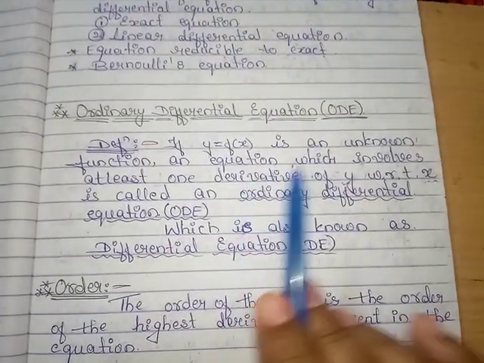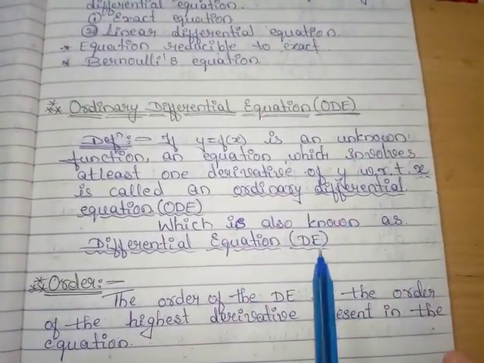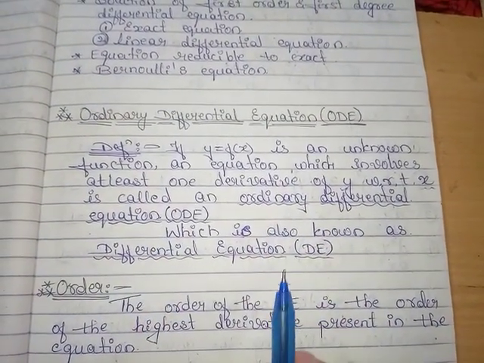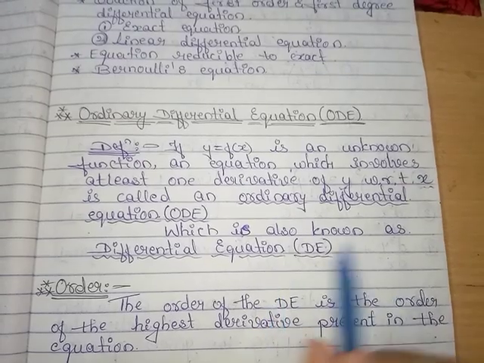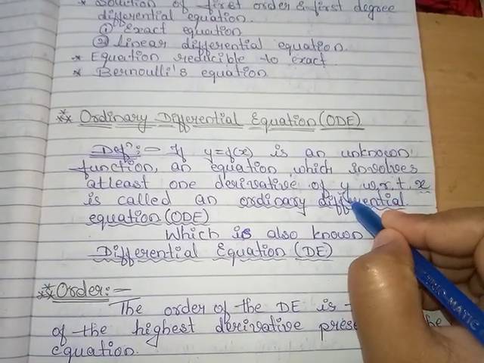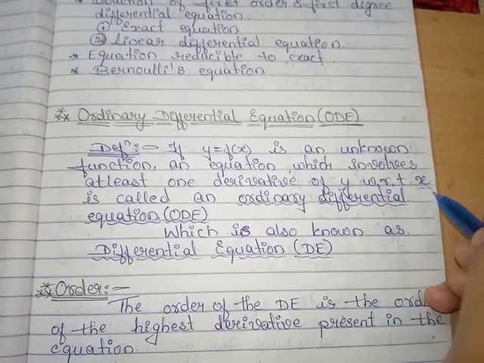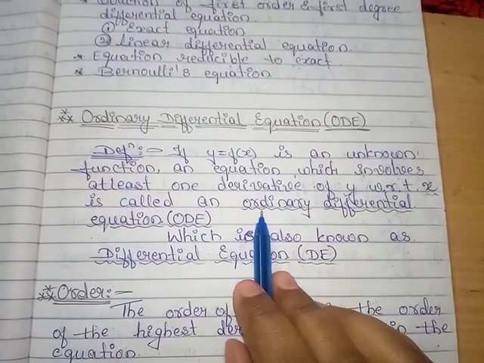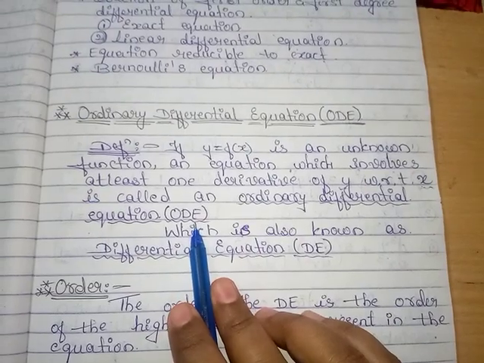When the equation involves at least one derivative of y, that is dy with respect to x, dy by dx, it is called an ordinary differential equation.